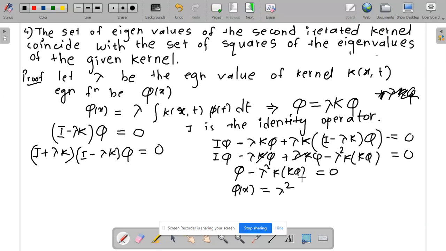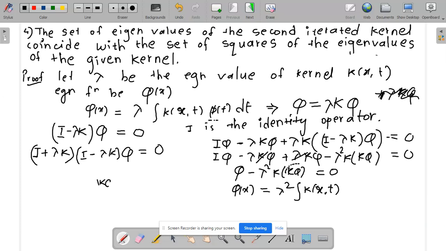What is k of something? K of phi is given by this expression. Then k of this something will be the integral of k of x comma t and this k phi of t dt. But what is k of phi?